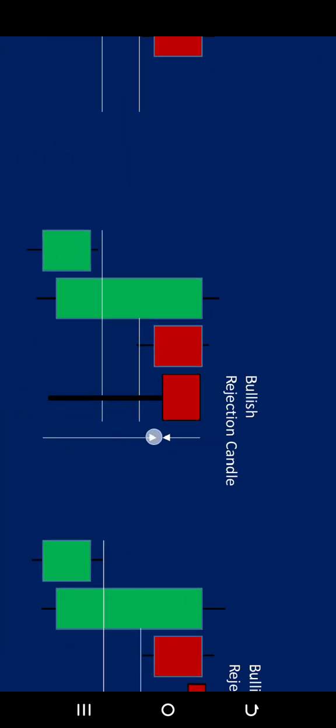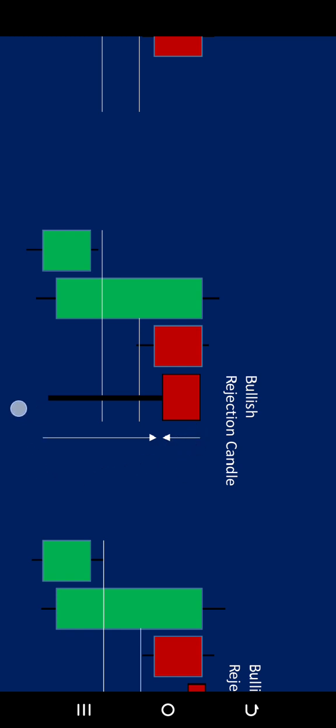This is also a rejection candle because the wick is far longer than the bearish body. Can you see how long this is compared to the bearish body? So there is a tendency that price will continue upward on the creation of the second candle. The moment the second candle is created, it will continue upward. There's no way the second candle will come down again to take out this low.